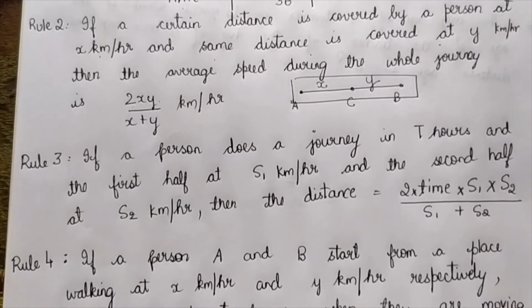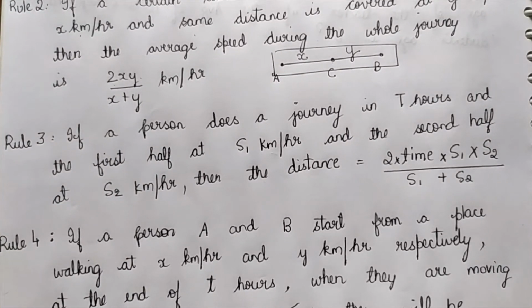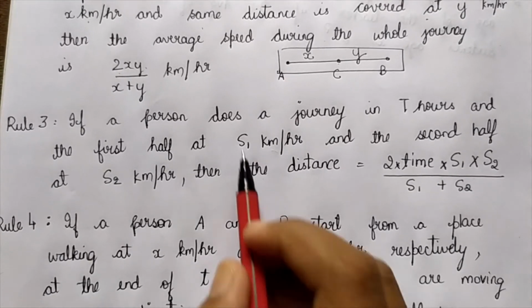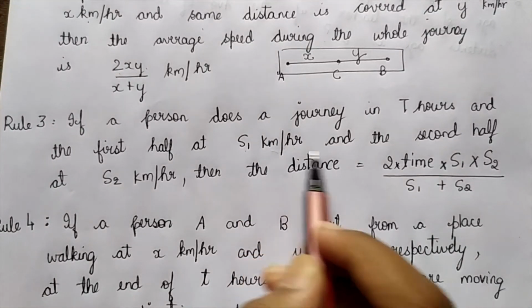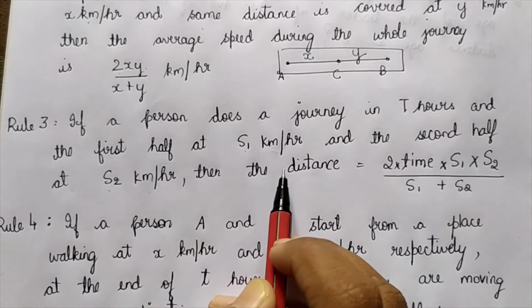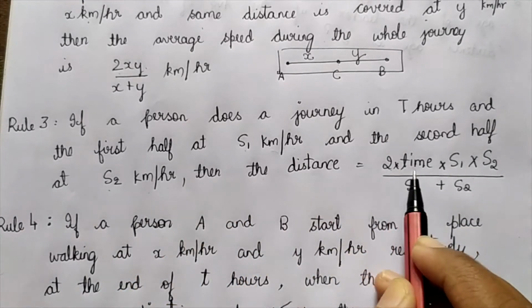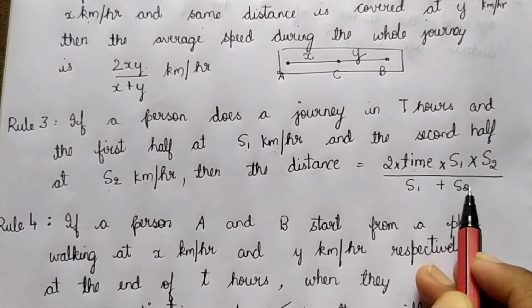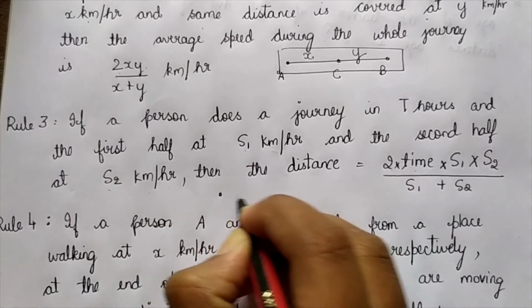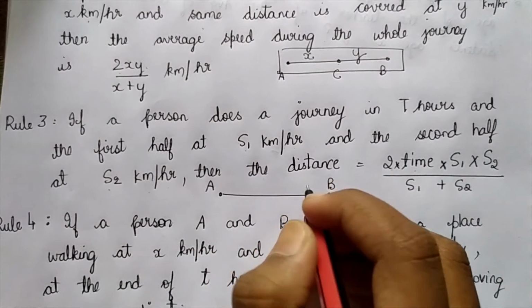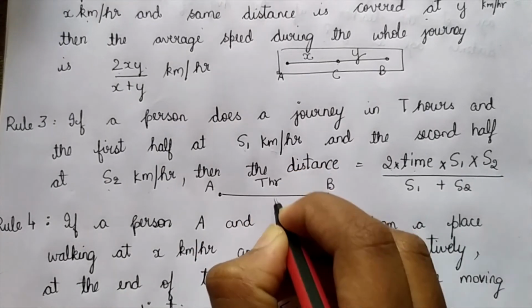Moving on to rule 3. If a person does a journey in t hours, the first half at s1 kilometer per hour and the second half at s2 kilometer per hour, then distance equal to twice time into s1 into s2 divided by s1 plus s2. So suppose from A to B, he is traveling in t hours.